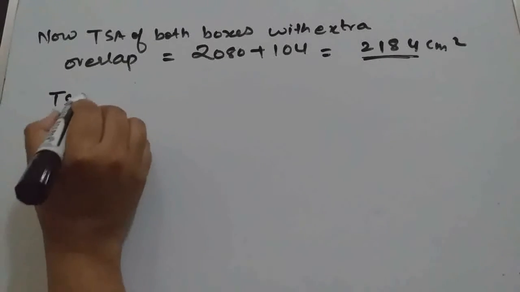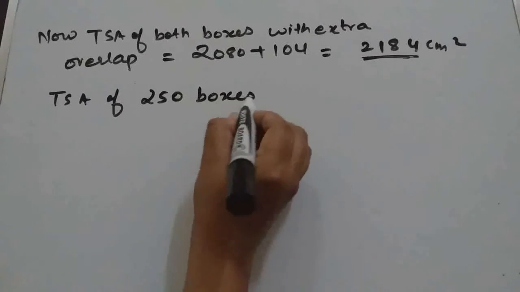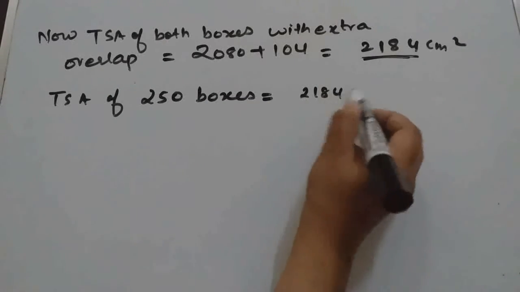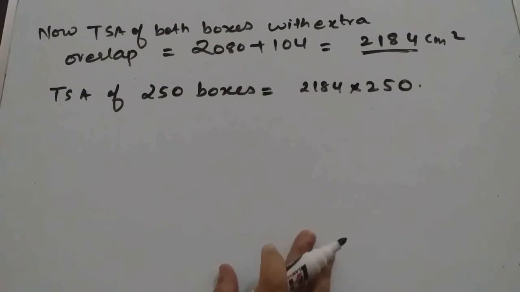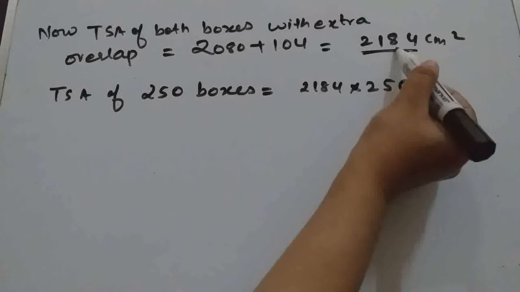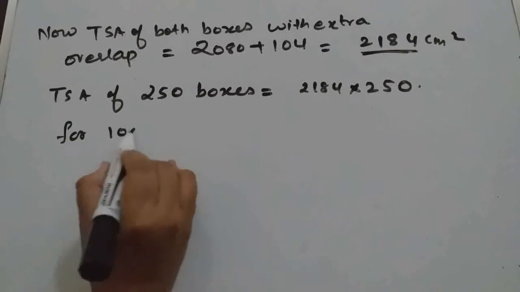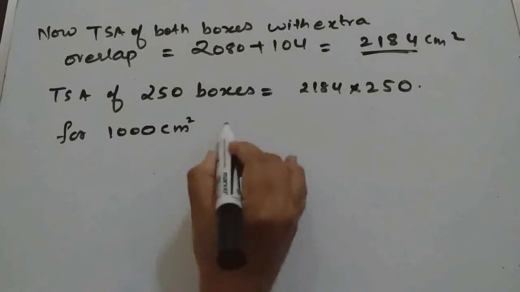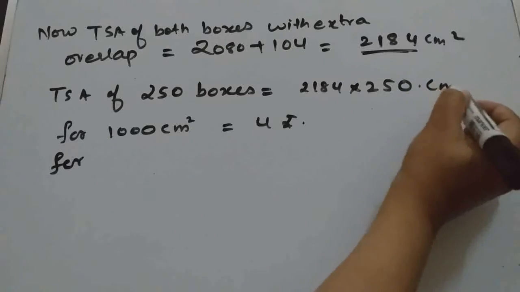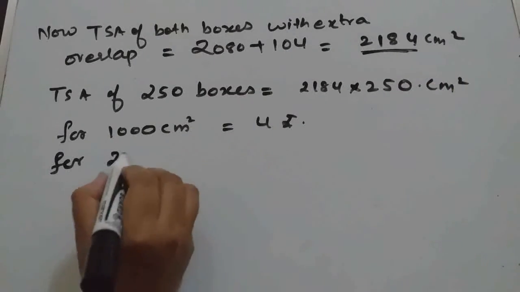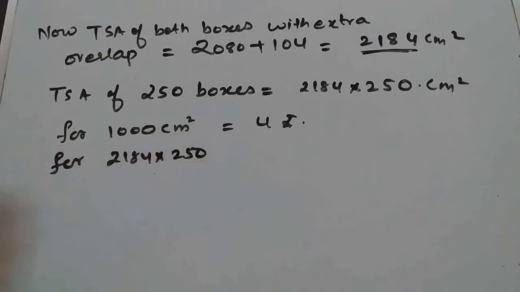So TSA of 250 boxes will be this area into 250. Now we will calculate for 1000 centimeter square, cost is 4 rupees. So for this much centimeter square, what will be the cost? Now I am not multiplying this because it will be cancelled.